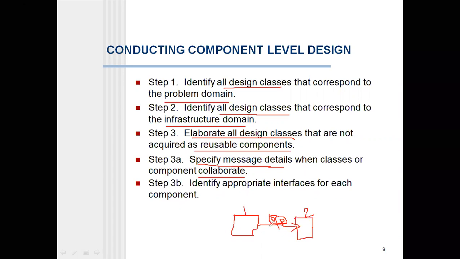You need to write a message like output. Here I have written one message that is called just output. Like that you need to mention. And step 3b is identify appropriate interfaces for each component.